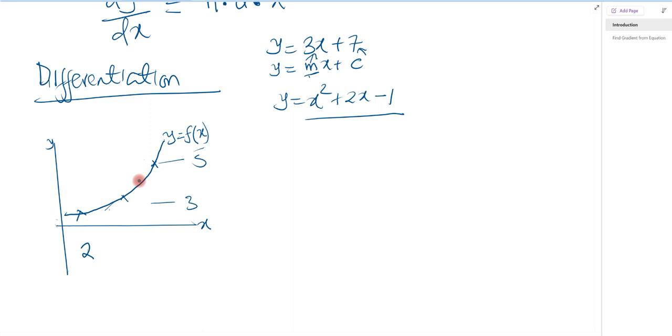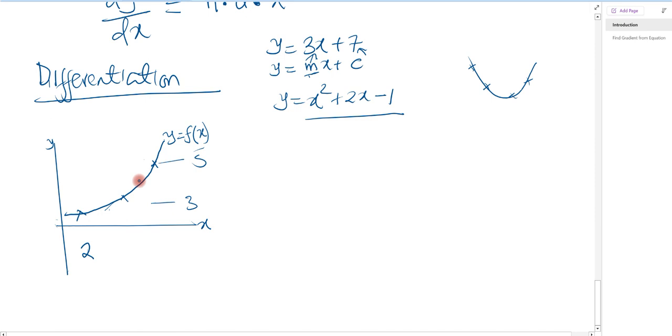All we can say is we have this graph, sloping in some way, and we ask ourselves: what is the gradient at this point? What about here? What about here? Differentiation helps us come up with a way of finding the gradient of a given equation which is some kind of a curve.